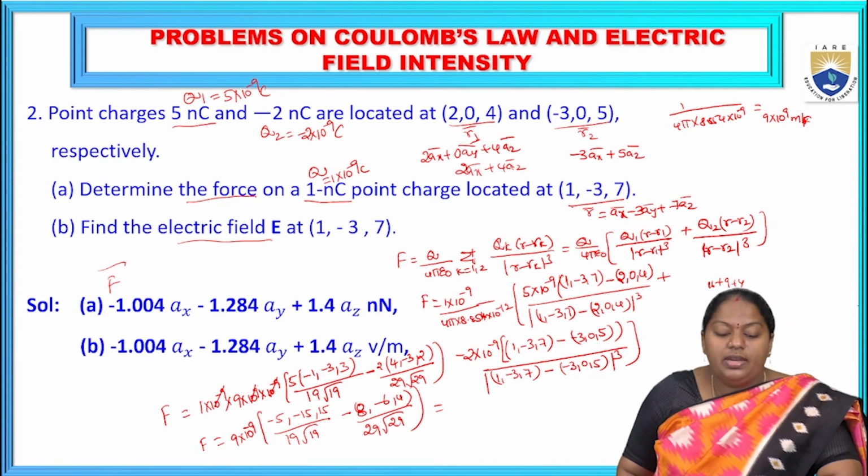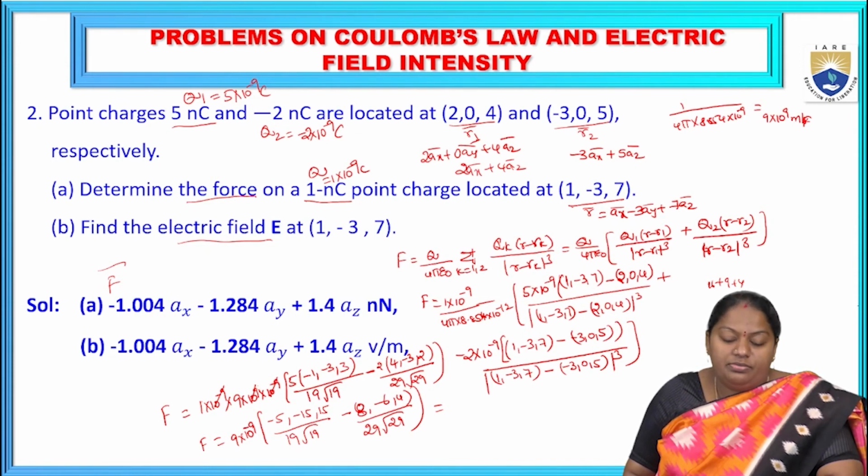Now find the electric field E at that particular point, which is located at (1, minus 3, 7), right?